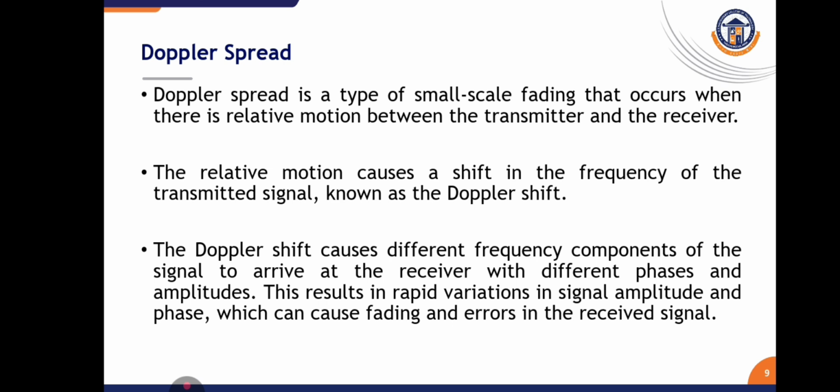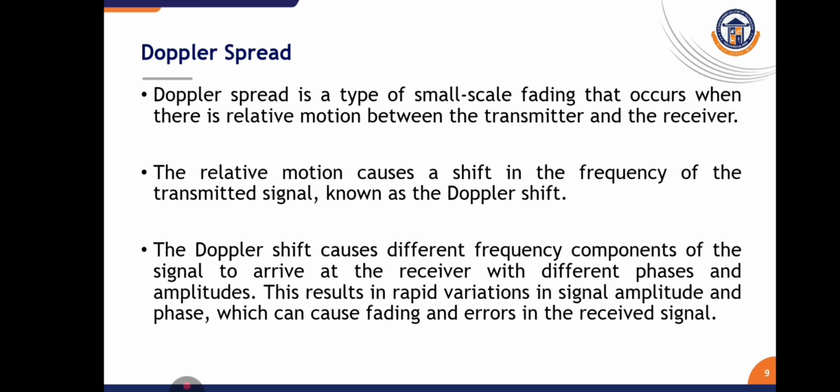So Doppler spread is the measure of the rate of change of the Doppler shift, and it determines the time varying characteristics of the channel. A higher Doppler shift indicates faster time variation in the channel, while a lower Doppler shift indicates slower time variation.